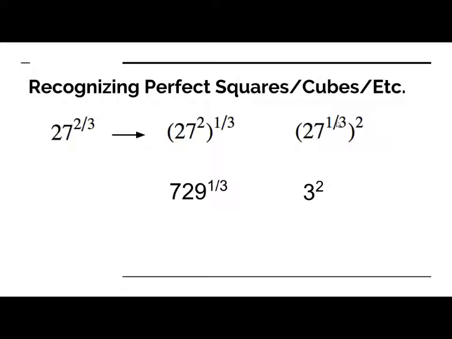You could have done it this way and say, well, 729 to the 1/3 power is 9. I mentioned that simply because recognizing perfect squares and perfect cubes speeds up the process. You don't need a calculator as much, but it's not necessary.